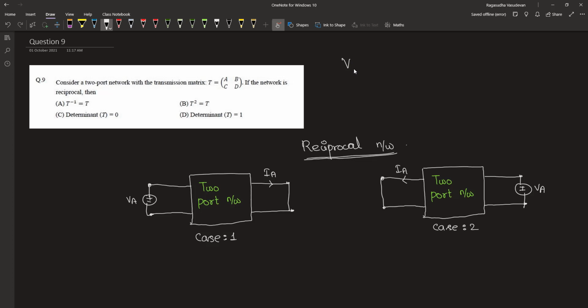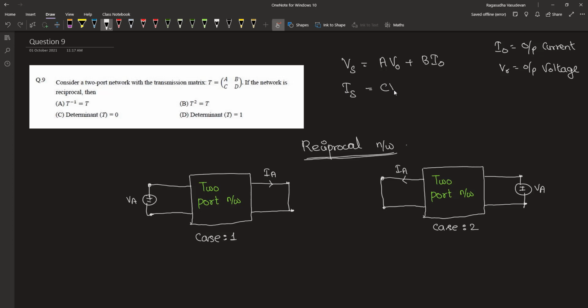We saw that these are the transmission parameters. Let Vs be the supply voltage under normal conditions. Vs will be A into V0 plus B into I0, where I0 is the output current and V0 is the output voltage, and Is is the input current.